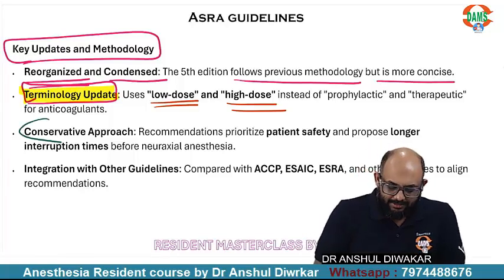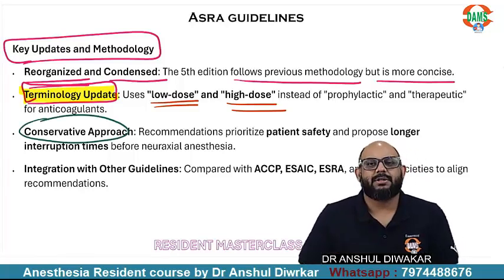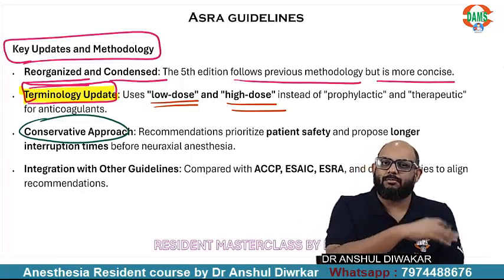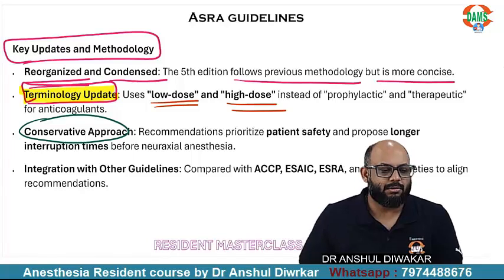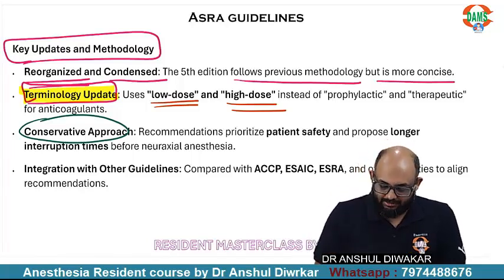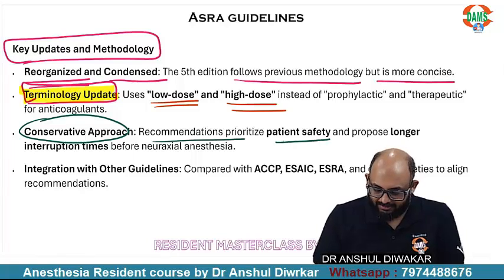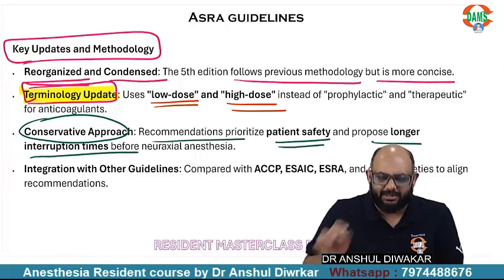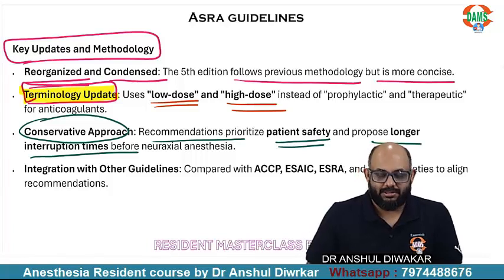It has a conservative approach, and I told you in the last video as well that ACCP guidelines are more pro-antithrombotic, while this is more, what you can say, anti-hemorrhagic, right? So the recommendations prioritize patient safety and propose a longer interruption time before neuraxial anesthesia.